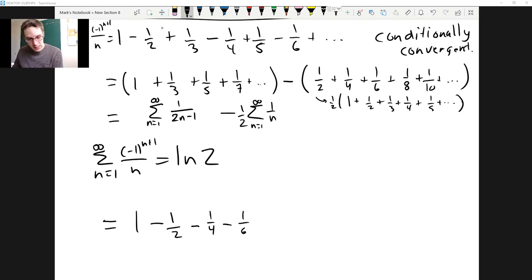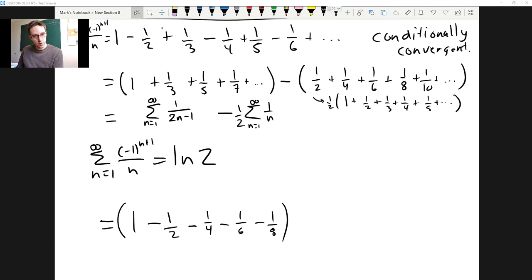And a sixth is not quite as big as a quarter, and so I'm still positive, but if I subtract an eighth, you can check this, but 1/6 is bigger than an eighth. So here it's like negative 2/8, but a little more. Well, 2/8 is a quarter. If you take a quarter and another quarter, you get a half. And you take a half and a half, you get 1. And so this is all just a little bit bigger than 1, of course, with a negative sign. And so this is going to be less than 0.